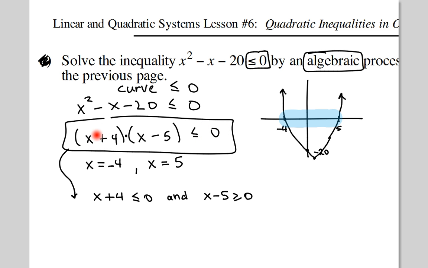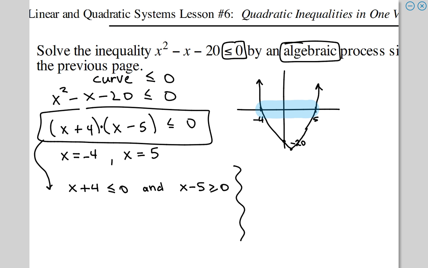One of them has to be negative and the other has to be positive, or vice versa. So here's one of them negative, the other positive. Is there another situation where this could work? Just flip them. Instead of x plus 4 being negative, x plus 4 is positive. And if that was the case, then x minus 5 would have to be negative. Now solve these two situations and you'll see a discrepancy. So x plus 4 less or equals 0, that means x would have to be less or equal to negative 4.